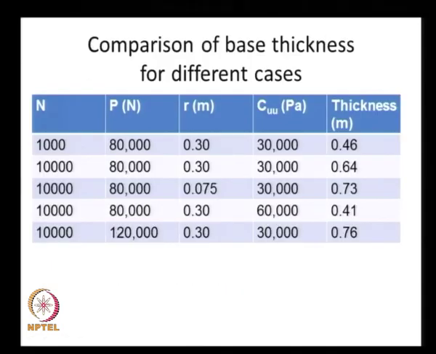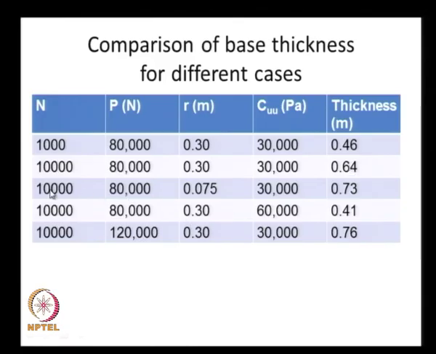So now let us look at the different combinations and directly compare one against the other. Let us take the very low number of passes, 1000, axle load of 80,000 newtons, rut depth of 0.3 and Cu of 30 kPa or 30,000 pascals. The thickness required is 0.46, and when we increase the number of passes to 10,000, the thickness of the pavement increases to 0.64.